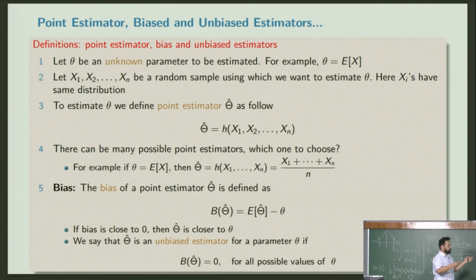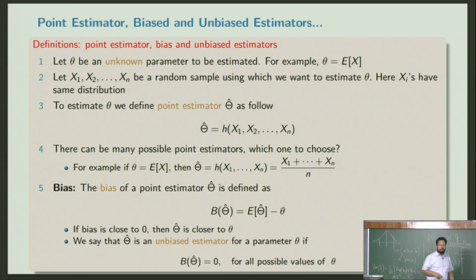For the mean we defined the sample mean, but let us define a generic estimator, not just the arithmetic mean. Suppose there is some estimator H that takes in these n samples and gives me some estimate. For example, if it's the sample mean, then our H function is the arithmetic mean. So we can write things in a more generic way.